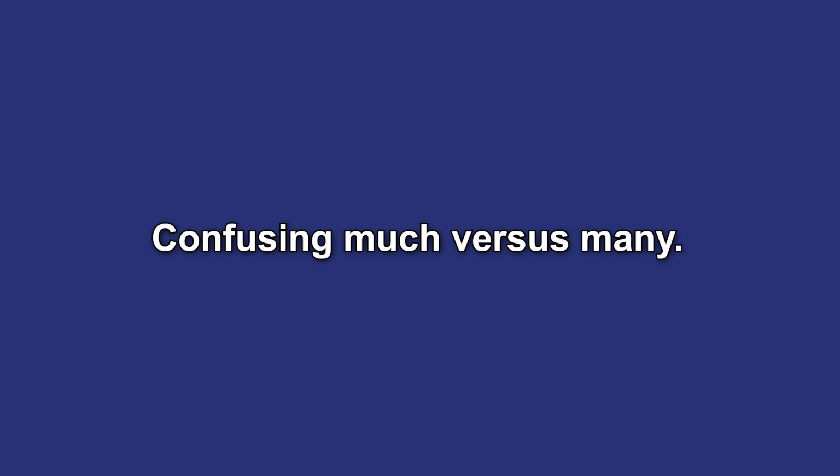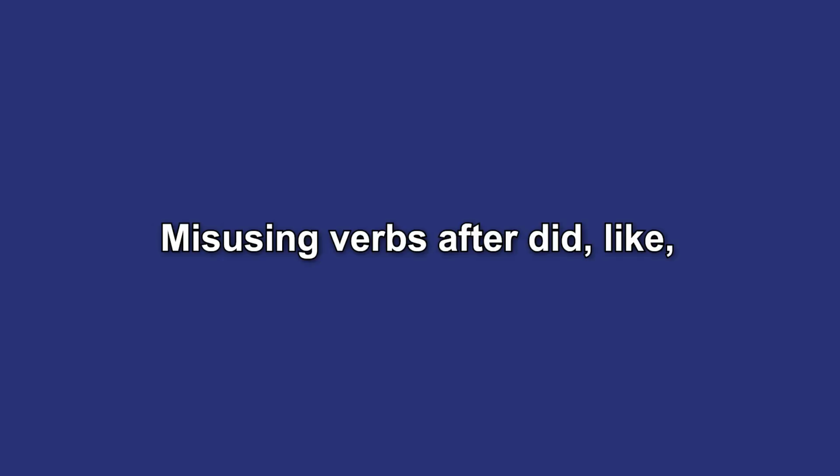Saying "people is" instead of "people are." Mixing up say and tell. Saying "discuss about" instead of "discuss." Confusing much versus many. Misusing verbs after "did," like "didn't went" instead of "didn't go." Pronouncing words in a way that breaks fluency.